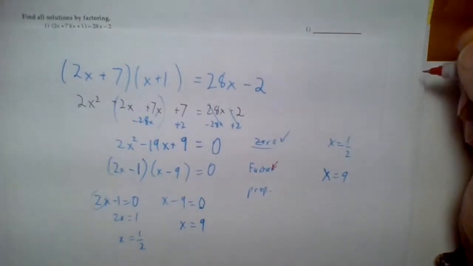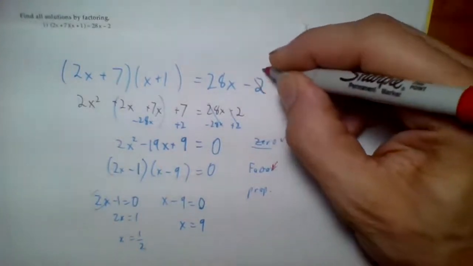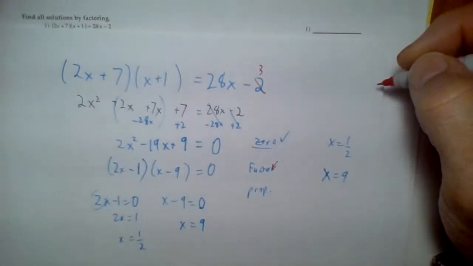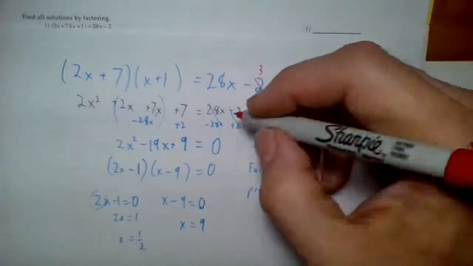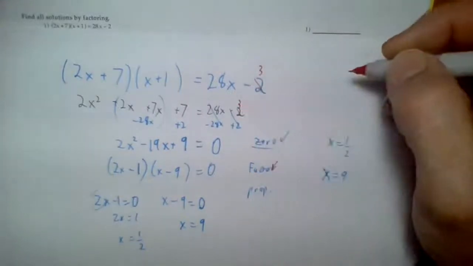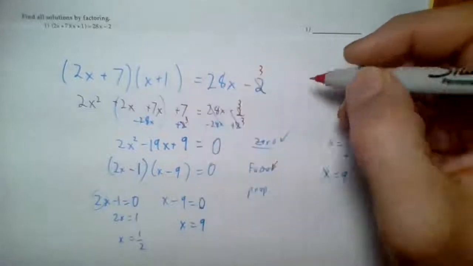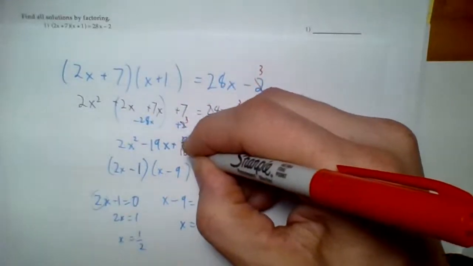If I had this same problem except with a 3 sitting here instead of a 2, it would be the same technique to follow. But if that's a -3 instead, then I'm going to have to add 3 to both sides, and it's going to come out 10. So I just made a slight change to it.